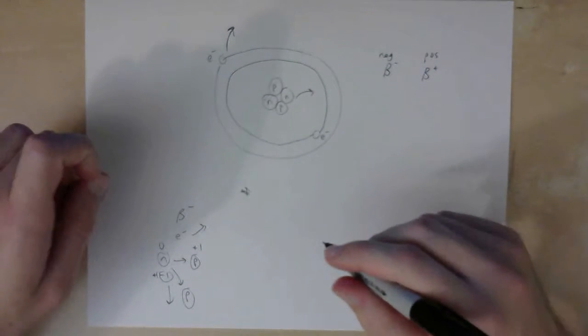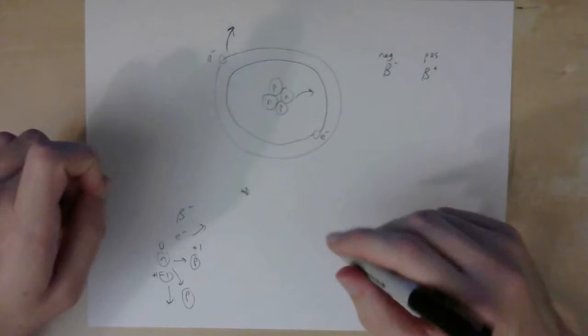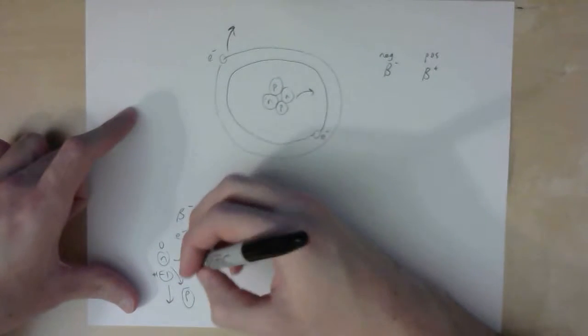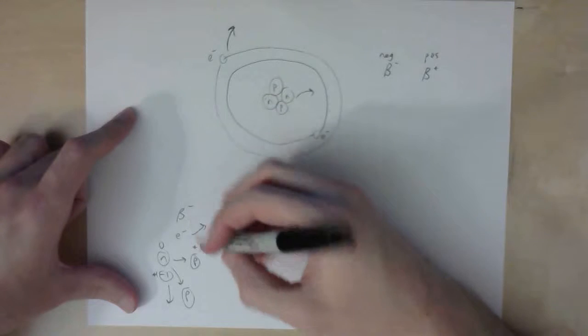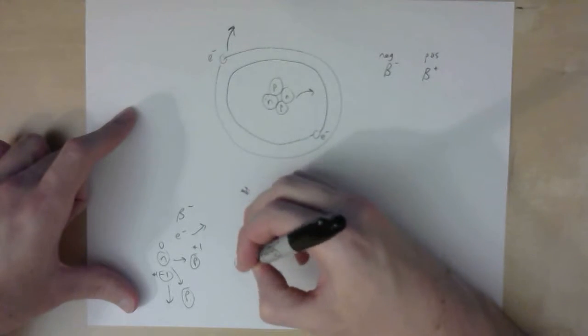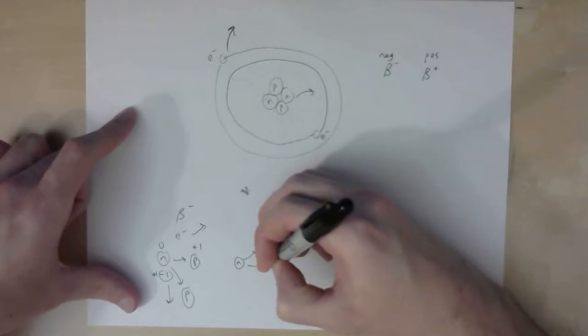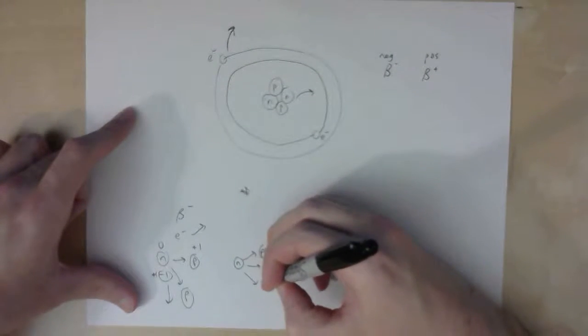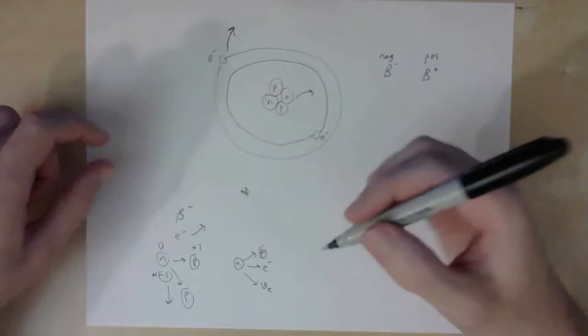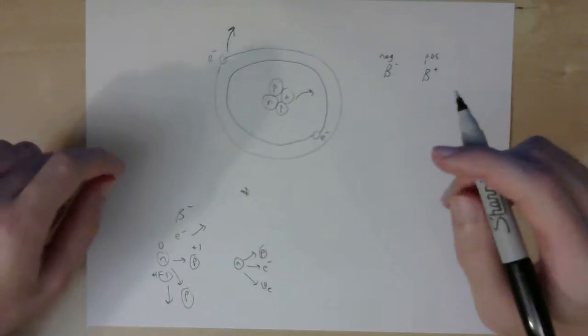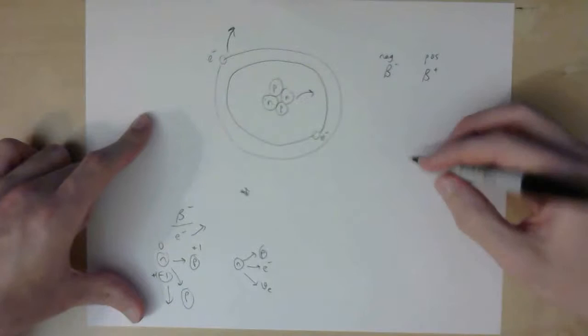So we start with the neutron. We get a proton, an electron, and then an electron neutrino. This is our beta minus decay.